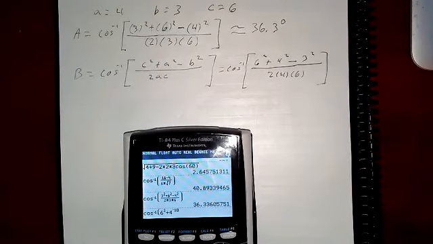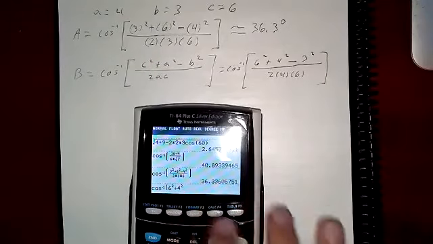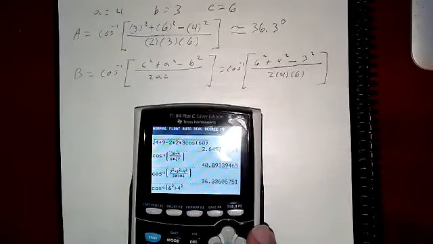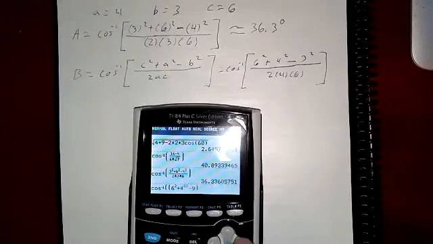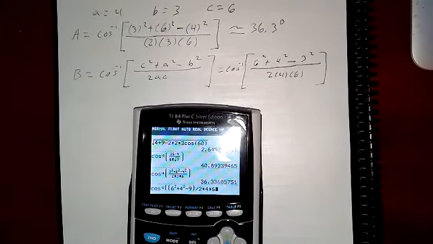Pretty sure you're right. Let's double check. 6 squared plus 4 squared minus. Oh man, I forgot the division. Now I need an extra set of parentheses because I forgot it. Over 2 times 4 times 6.